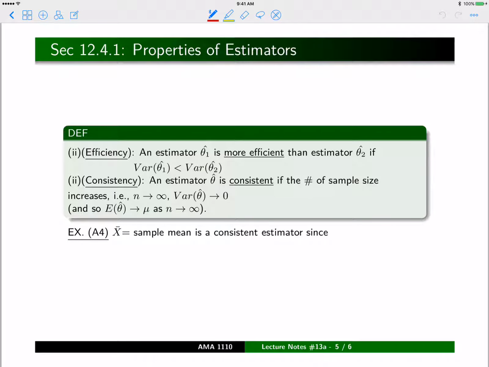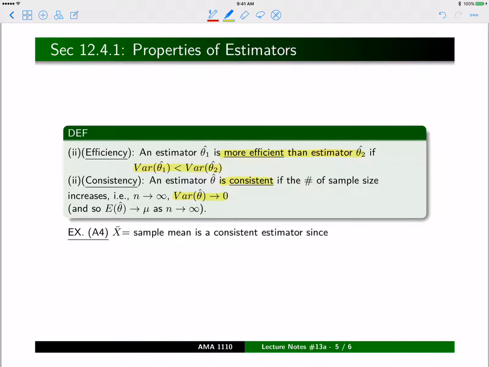An estimator theta 1 is more efficient than estimator theta 2 if the variance of the theta 1 estimator is less than that of theta 2. When we say that an estimator is consistent, it means that if the sample size increases, then the variance of that estimator goes to 0.